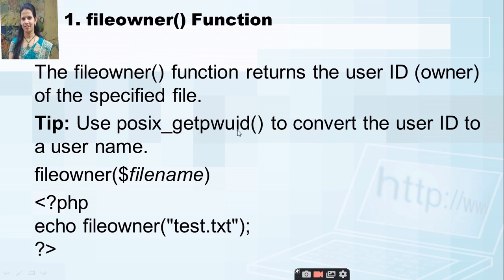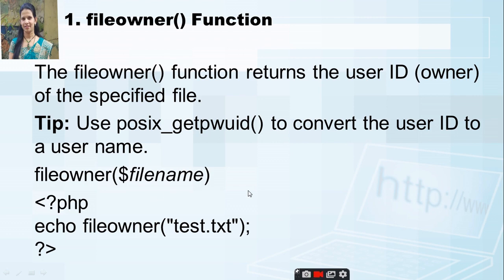We are using this function to convert the user ID to a username, because this function will return the detailed information of the specific user. So you will get the name also.